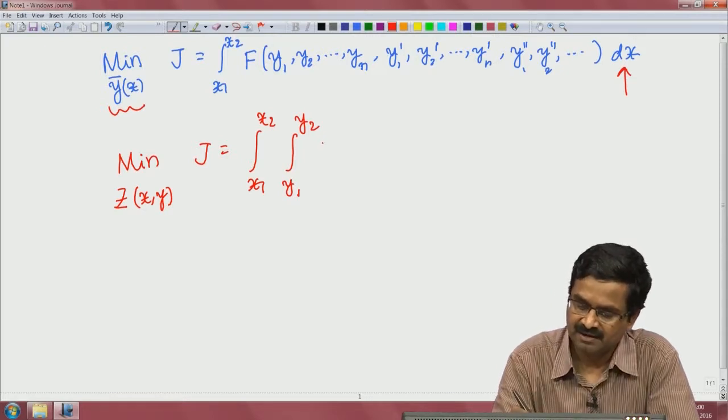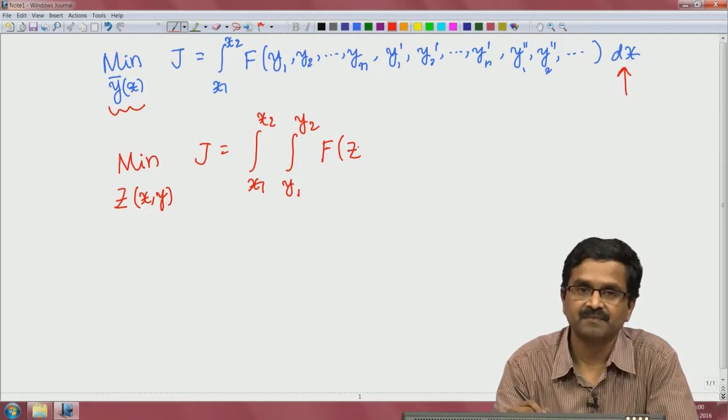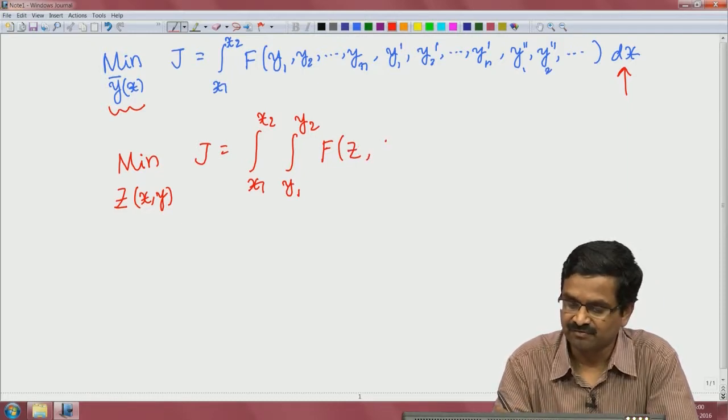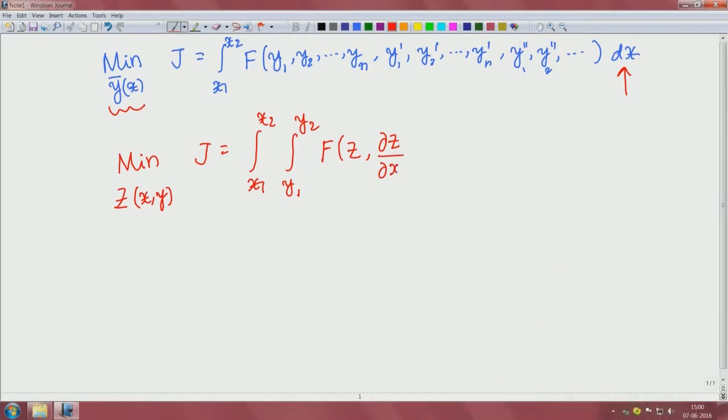Our integrand will be a function of z and its first derivatives, and there are now two partial first derivatives, dou z by dou x and dou z by dou y, and then we write dx dy. Our domain was just a straight line region with one variable. Now, it is a two dimensional domain.